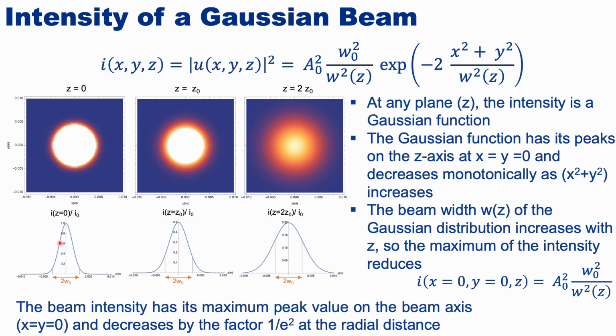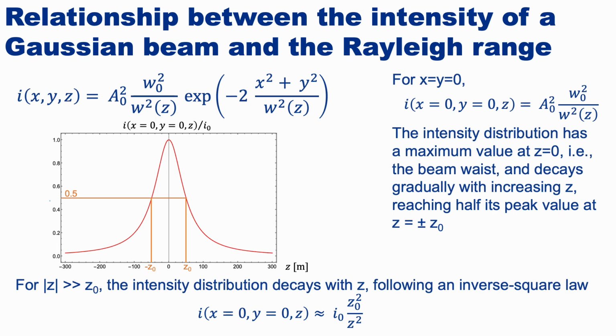It's always going to be maximum at the position x and y equal to 0, and it's always going to decay from there for every observation plane, for every value of z. The maximum value also gets reduced because as the Gaussian beam width increases, the maximum intensity is going to be reduced. But we always have a maximum peak, and it decreases to the order of 1 over e squared at the radial distance.